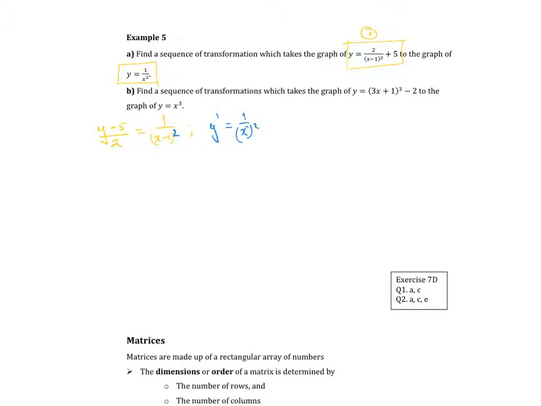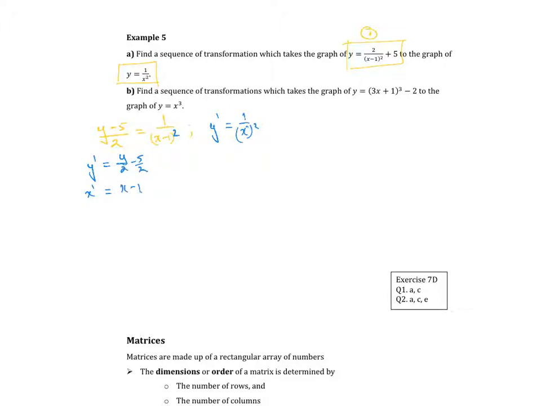Okay, so notice this time, as it turns out, I'm rearranging my original equation. So my little dashes always go with my new function, all right? So in this case, I've got y dash, and that is equal to y on 2 minus 5 on 2, and x dashed is equal to x minus 1.